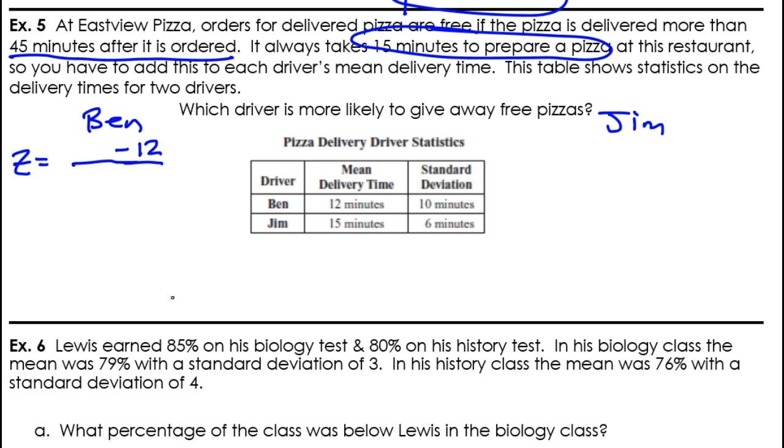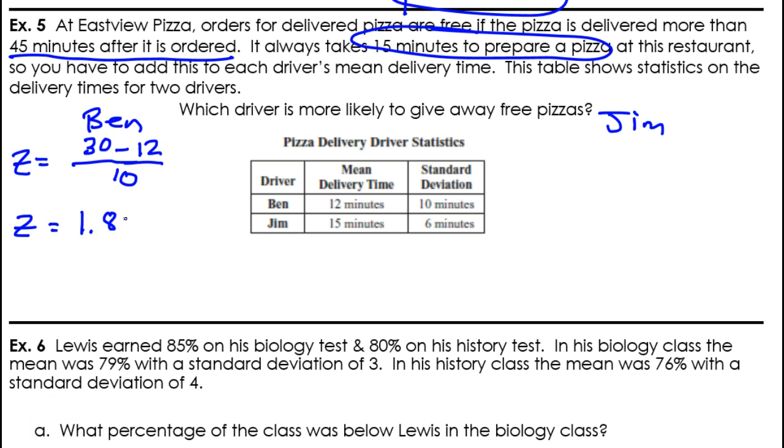What we want to know about is a delivery time of 30 minutes, because that's when the free pizzas start happening. So 30 minutes minus 12, divided by a standard deviation, which is 10. Can somebody calculate that for me real quick?